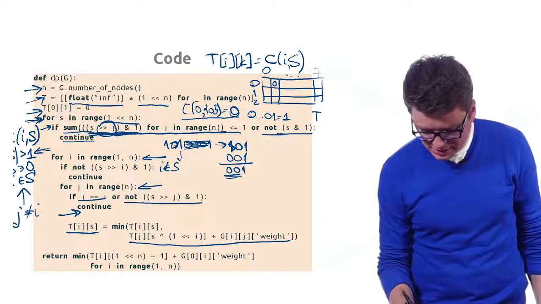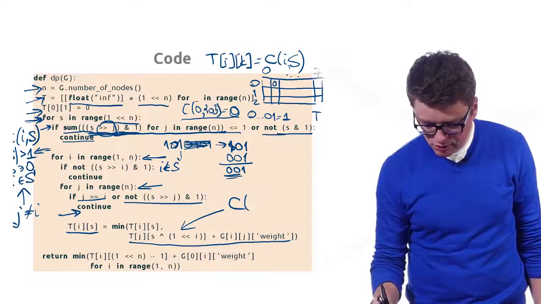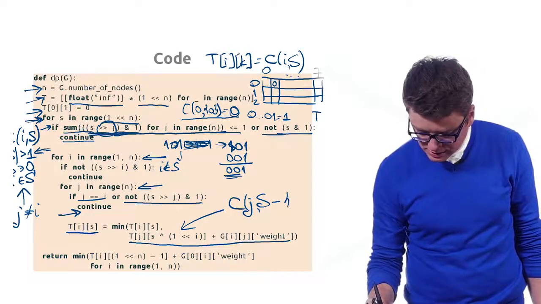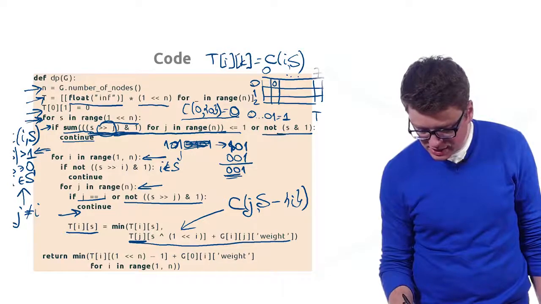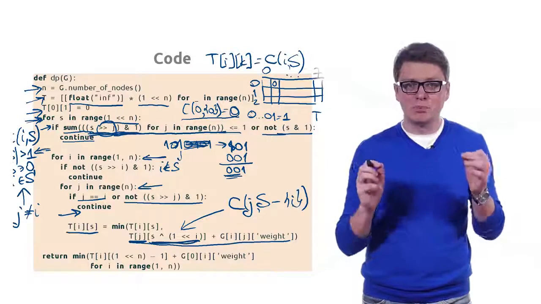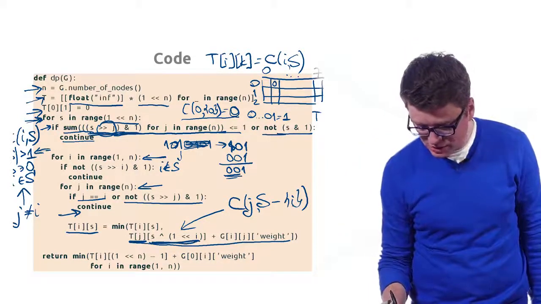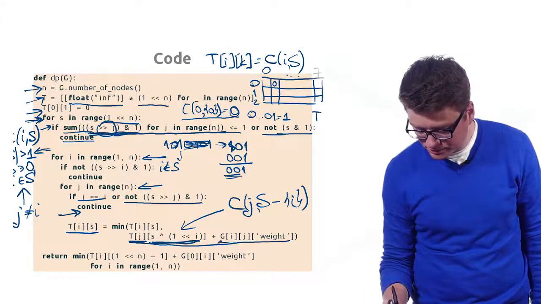And recall that this is nothing else as C of j and S minus i, right? Because this is T of j, and this is exactly S with the element i removed from the set S. And what we need to add to this expression is the weight of the edge from i to j, okay?